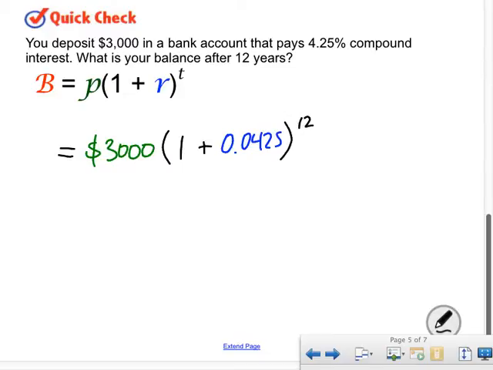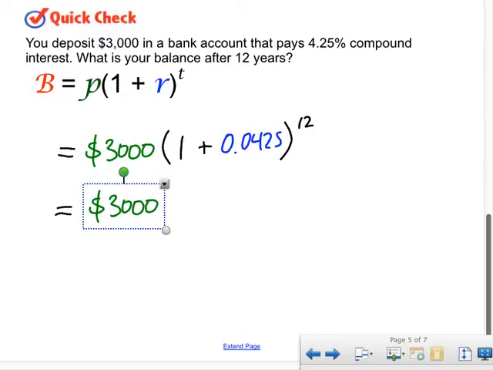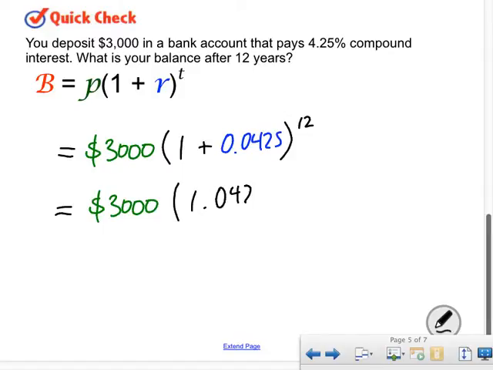Okay. So you guys need to simplify what's in the parentheses. And what happens when I simplify what's in the parentheses? I get 1.0425. Okay, and I got to raise that to the 12th power.